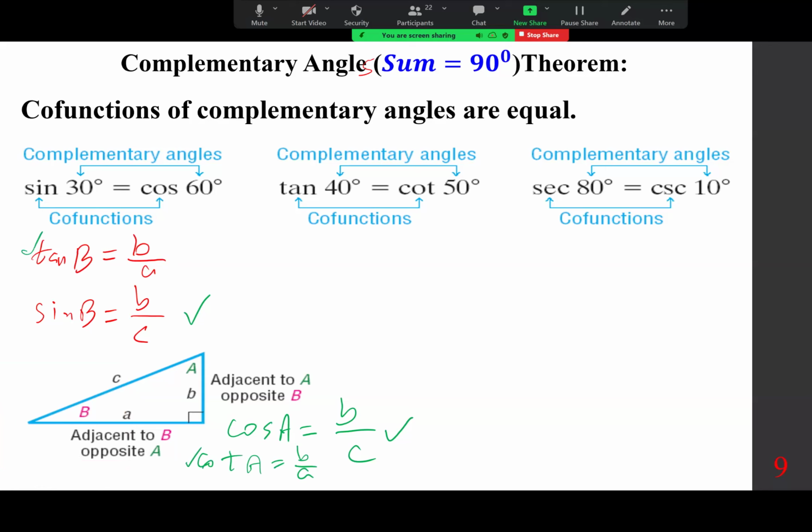I hope you can see that. Therefore, if they add up to 90 degrees, sine is cosine. If they add up to 90 degrees, tan is cotangent. If they add up to 90 degrees, secant becomes cosecant.